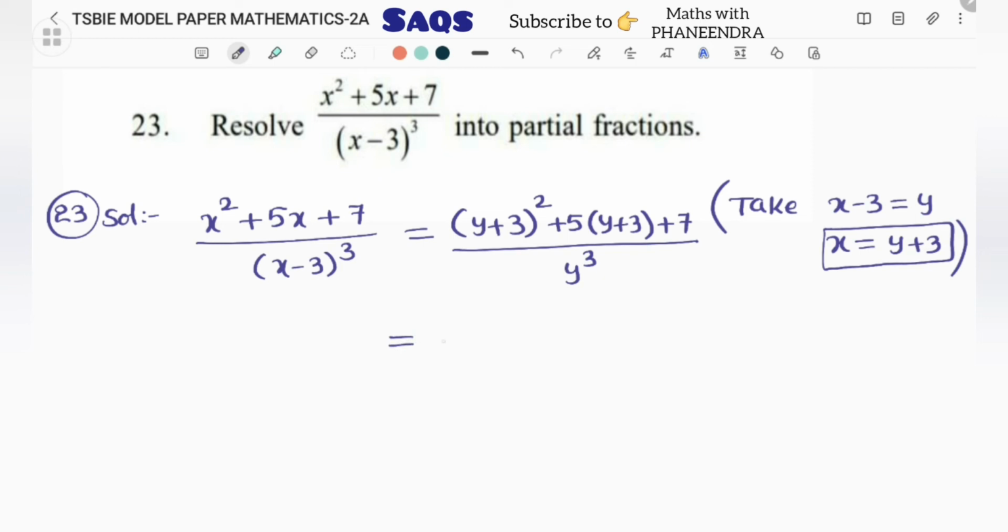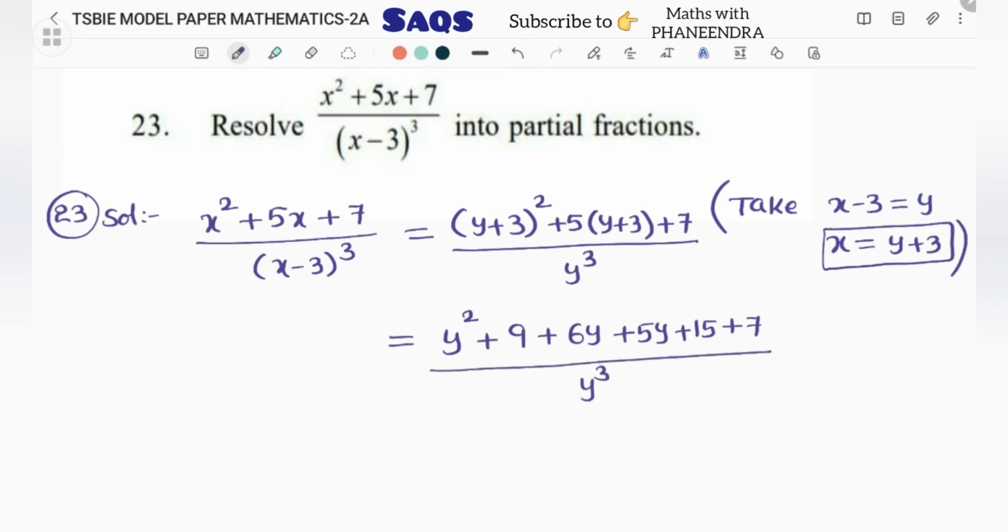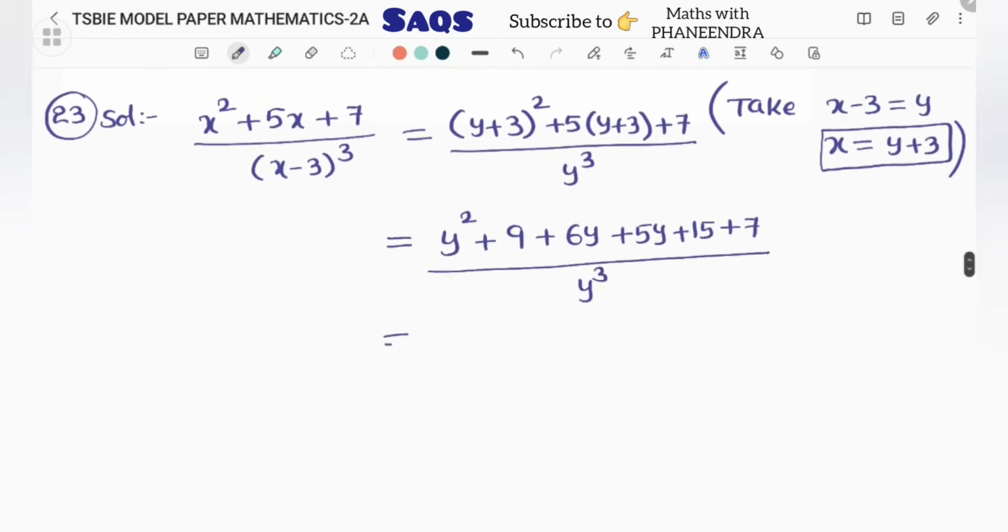So numerator you have to expand. y square plus 3 square means 9 plus 2 into y into 3, so 6y plus 5y plus 15 plus 7 divided by y cube. So first y square, 6y plus 5y is 11y plus 15 plus 7, 22. 22 plus 9, 31, divided by y cube.